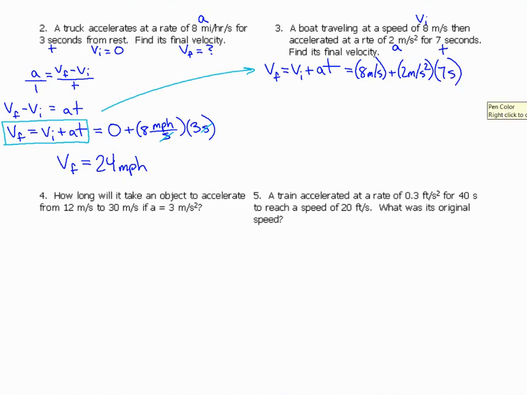With the units, seconds here is going to cancel with one of the per second here, so we get rid of the squared, and we end up with meters per second plus meters per second. Final velocity equals 8 meters per second plus 14 meters per second, for a final velocity of 22 meters per second.